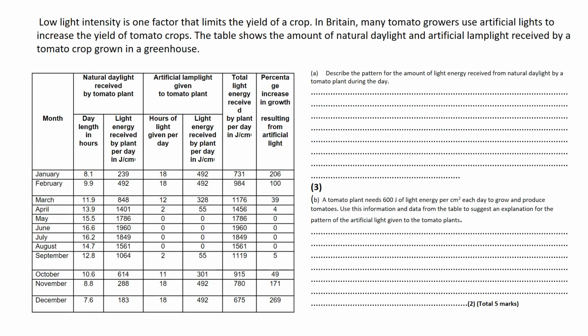A tomato plant needs 600 joules of light energy per centimetre per day to grow and produce tomatoes. Use the information to suggest the explanation of the pattern of artificial light given to the plants. So if you look, there is no artificial light being given to our plants between May and August. However, outside of these times, there is artificial light being given.